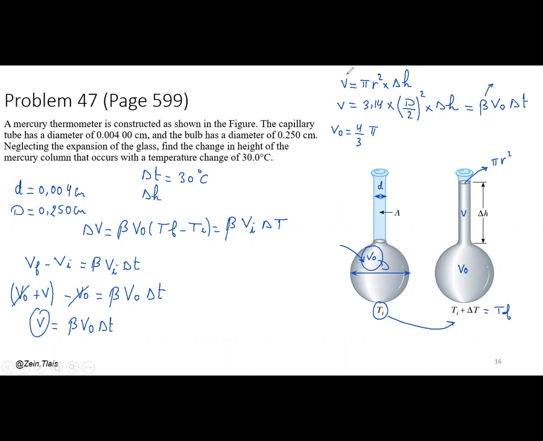We have small d here, okay? Small d. And here, pi r square, r equals the capital D divided by 2, cubed. The volume of any sphere equals 4 divided by 3 pi r cubed. R equals D, the diameter, divided by 2. Okay, times delta H. Now, this is the value of V0.